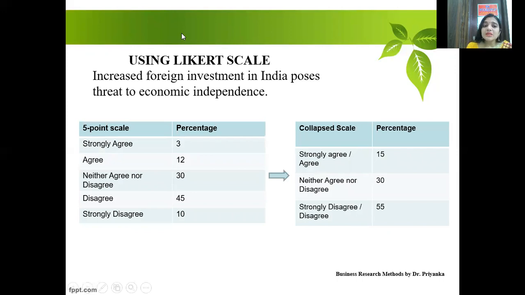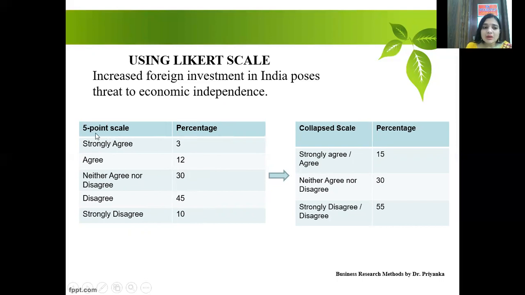For example, increased foreign investment in India poses a threat to economic independence, right? 3% of people say they strongly agree with this particular statement. 12% agree with the statement. 30% of people are neutral about it. 45% of people disagree with this particular statement, and 10% strongly disagree. So you will be converting this particular table into this.